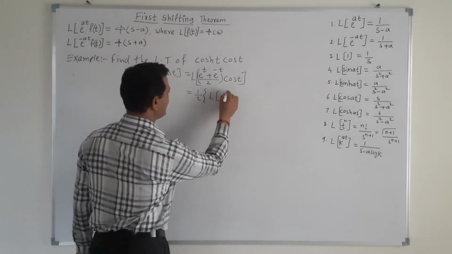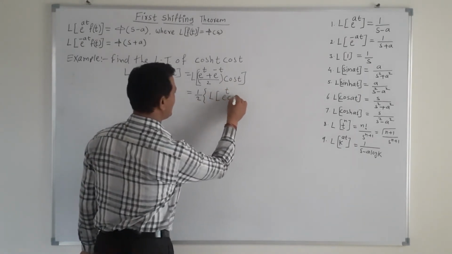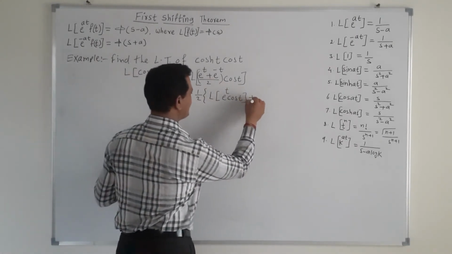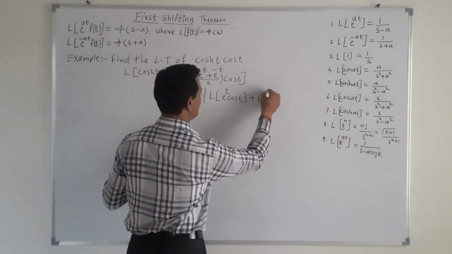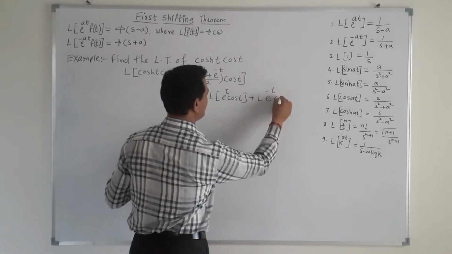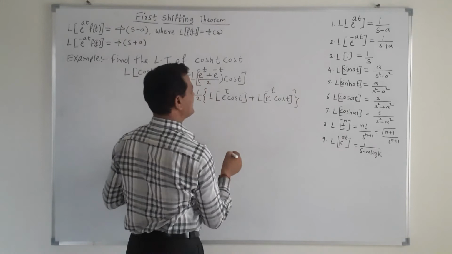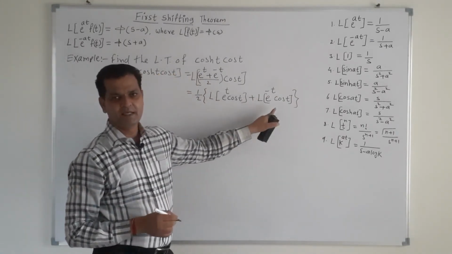So we write the first term as e raised to t into cos t. The middle sign is plus, then the Laplace transformation of e raised to minus t into cos t. Now this is the first term and this is the second term.